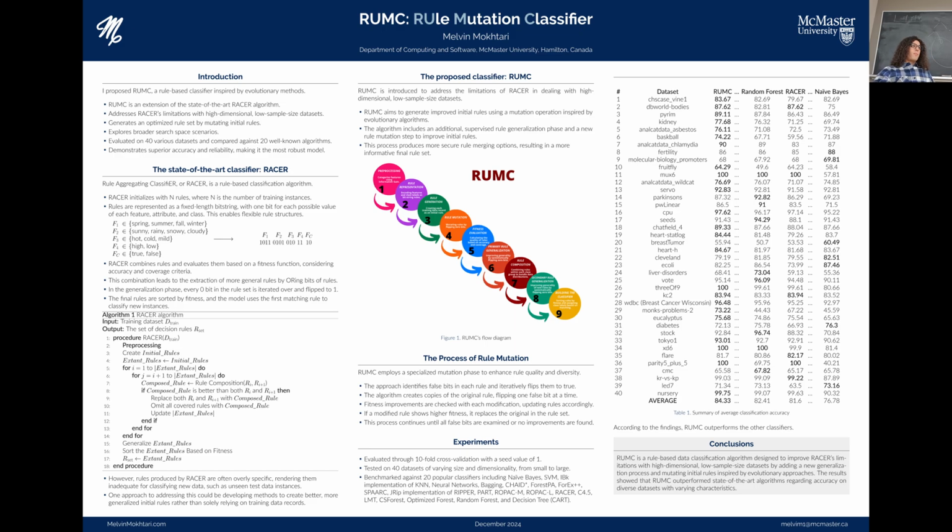The main objective was to get a better overall accuracy than RACER, and as you can see, I got almost 3% improvement. I also got a better average accuracy than RUPAC L, the one with the highest average accuracy I proposed in my previous work, which was a favorable thing.